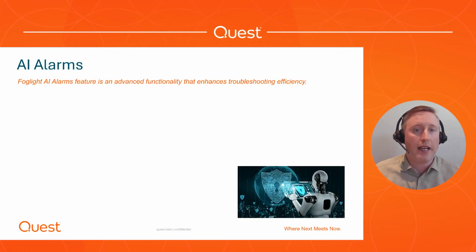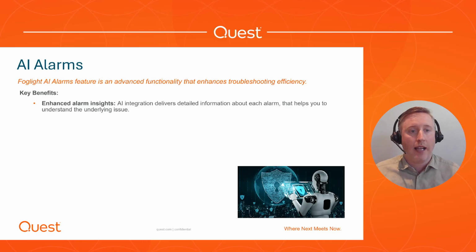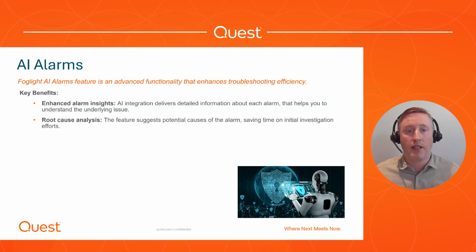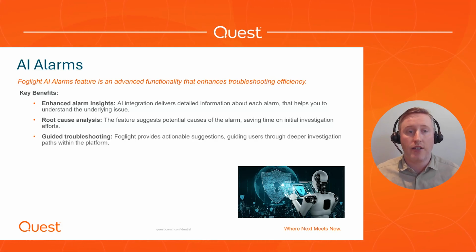Okay, so AI alarms. Key benefits here are enhanced alarm insights. So we deliver the information to an LLM about each alarm, and that helps you to understand the underlying issue. It gives you root cause analysis, so it suggests potential causes for the alarm, saving time in that investigation effort, and has guided troubleshooting.